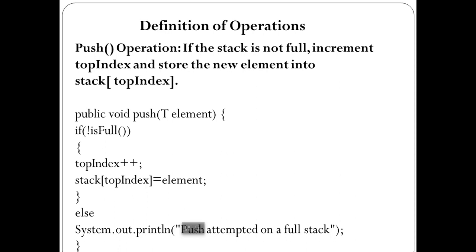If the stack is full, how can you add an element? So the first condition is to check whether the stack is full. If the stack is not full, then you can add the elements. There are three steps in the algorithm. First you check whether the stack is full or not. If it is not full, then the next step is to increment the value of top index by 1.